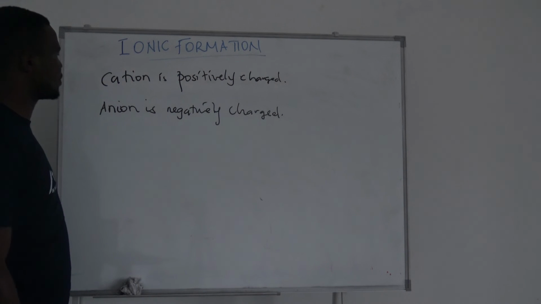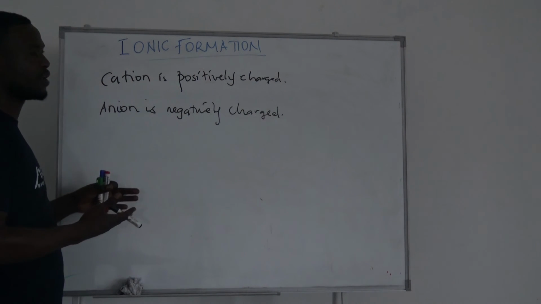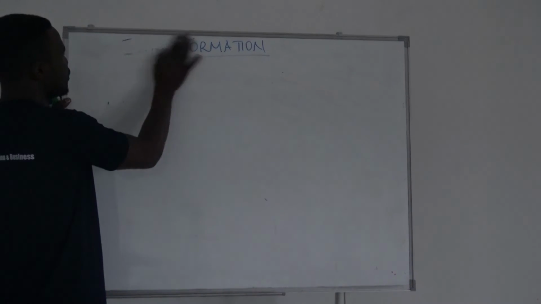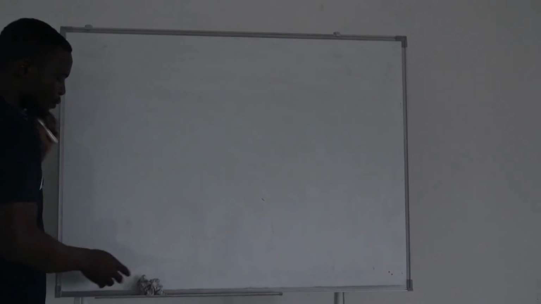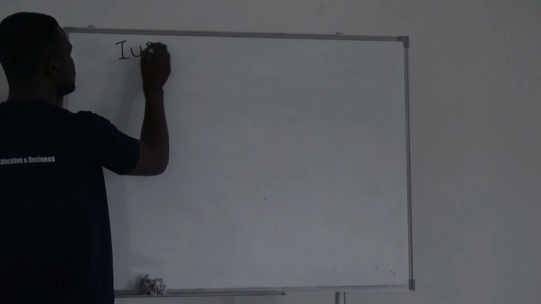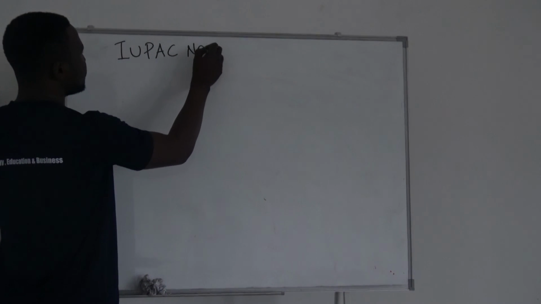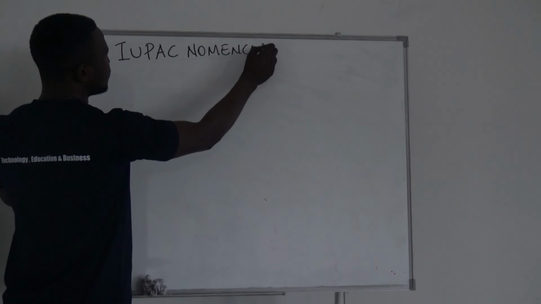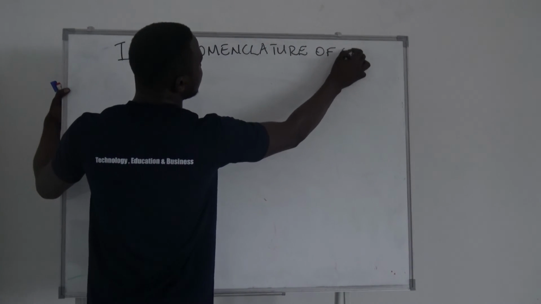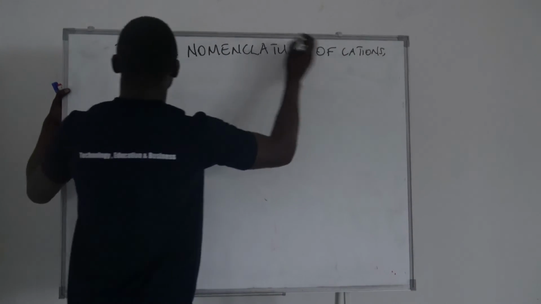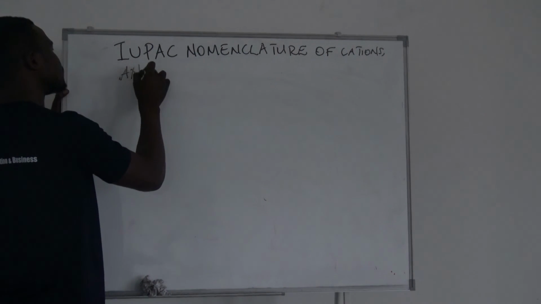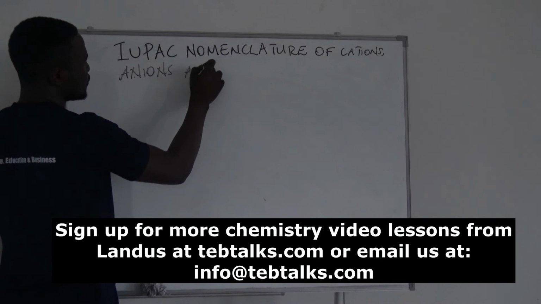So therefore, guys, we are ending this here, and in our next session we are going to look at what I will call the IUPAC nomenclature of cations, anions, and salts.